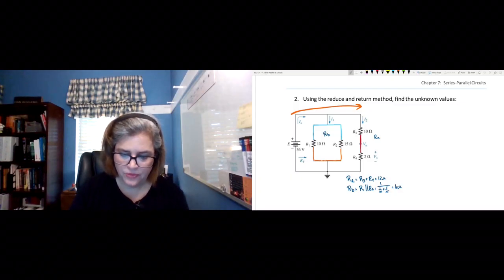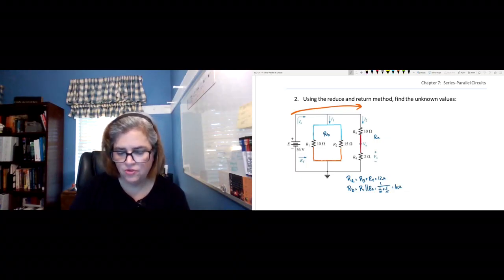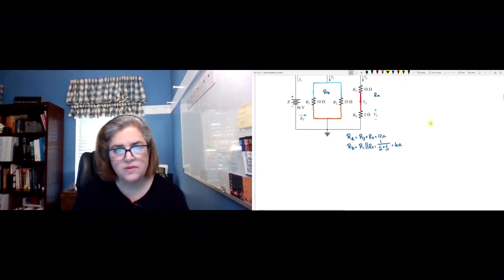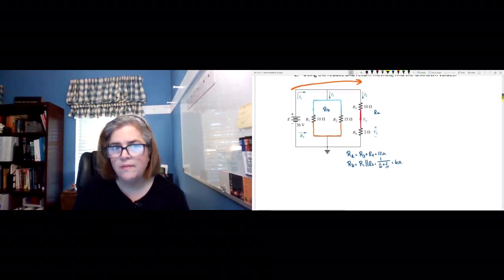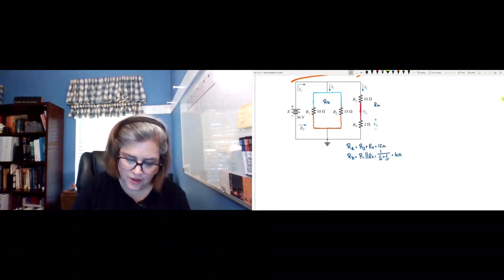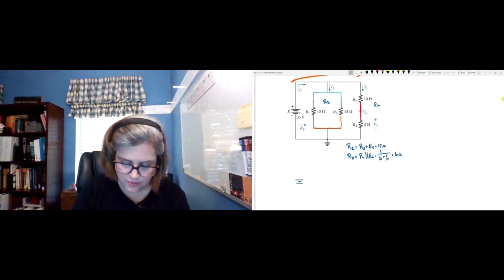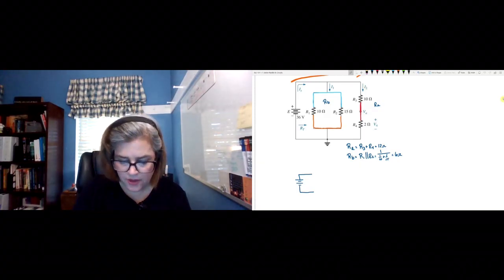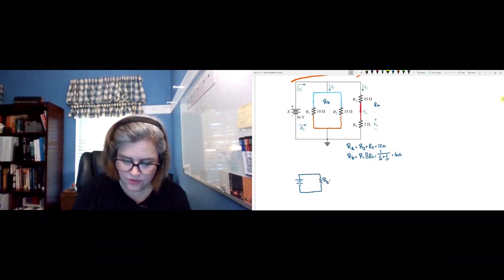Now I'm going to scroll down and redraw my circuit. Let's see how much of this I can keep on the page at once. So when I redraw the circuit, I've got my 36 volt source, and taking the place of R1 and R2 is going to be RB, which equals 6 ohms.